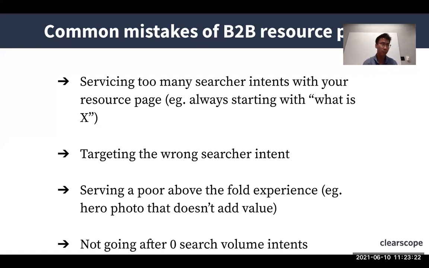You can imagine if we're talking about the benefits of AI for retail, they might go with an angle like the pros and cons, but maybe the cons thing isn't something that people care about. And you end up targeting the wrong searcher intent and then scratching your head 3 months, 6 months down the line when your content isn't ranking.